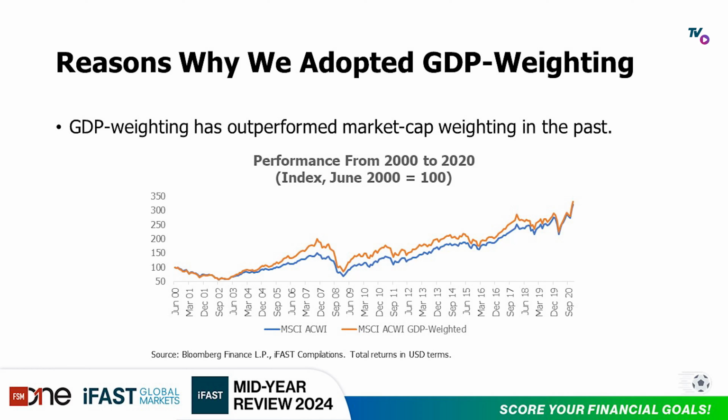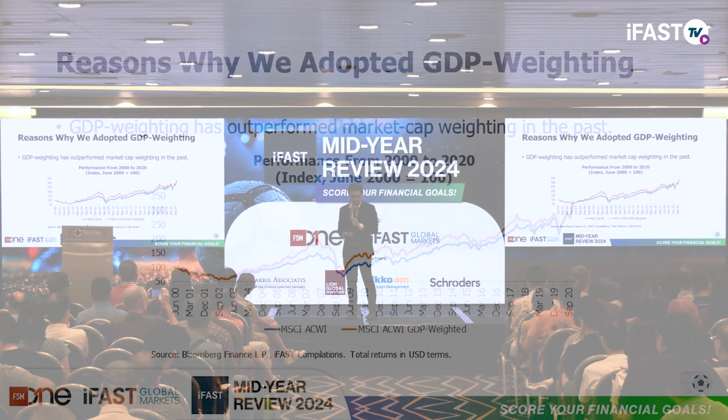And you can see that for over 2 decades, from year 2000 to 2020, the GDP weighted index has actually produced better returns compared to the market cap weighted index. And before the massive slump in the Chinese equity market, our portfolios have also outperformed the global stock benchmarks.